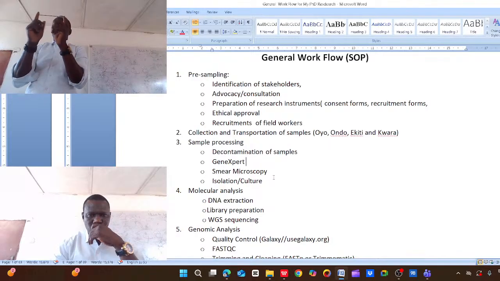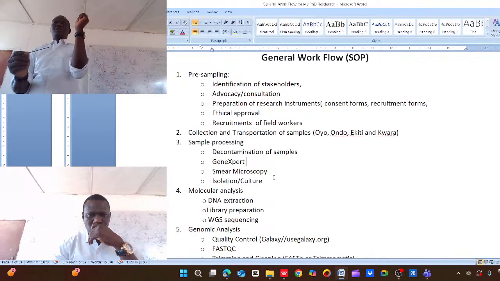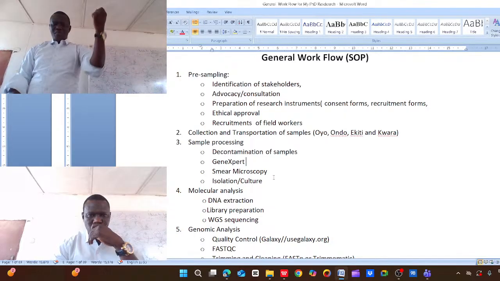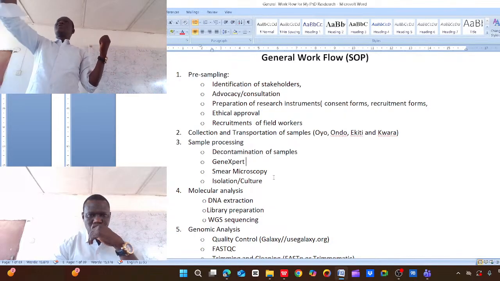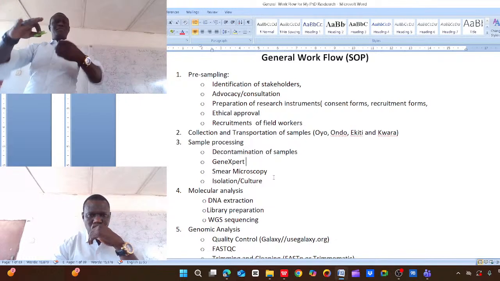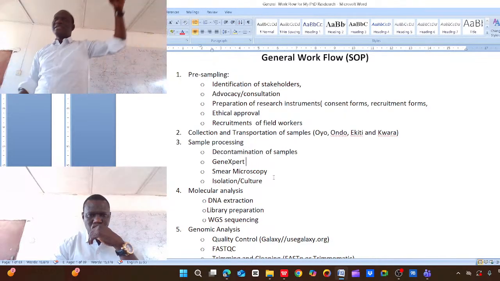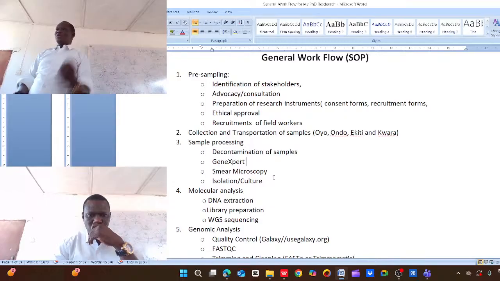So immediately after that DNA, don't forget that the DNA will be in a very minute quantity. What we call the DNA, you cannot see it with your naked eye. Microorganism, you can't see it with your naked eye. Even when you have extracted it, you can still not see it with your naked eye.